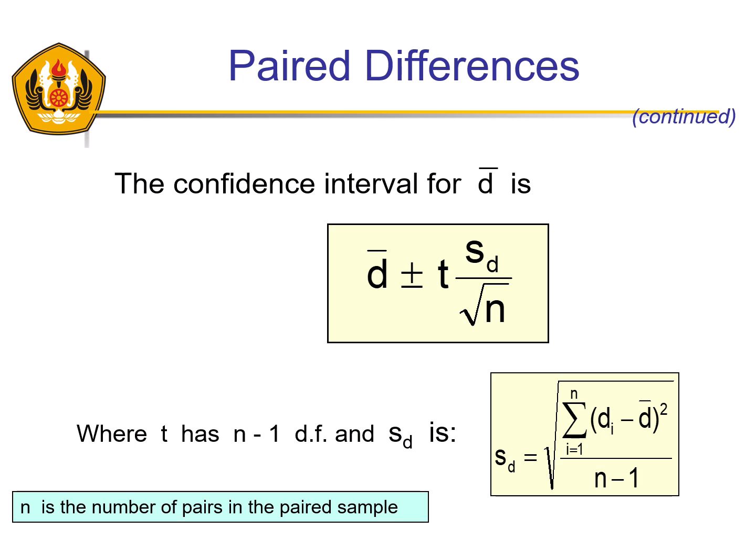So d bar plus minus t sd over square root of n. So we use the t statistic for doing the confidence interval construction. And SD comes from the previous formula.